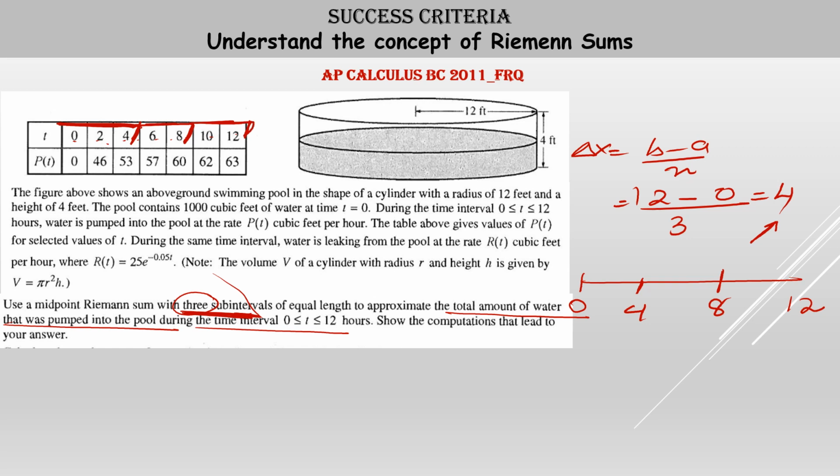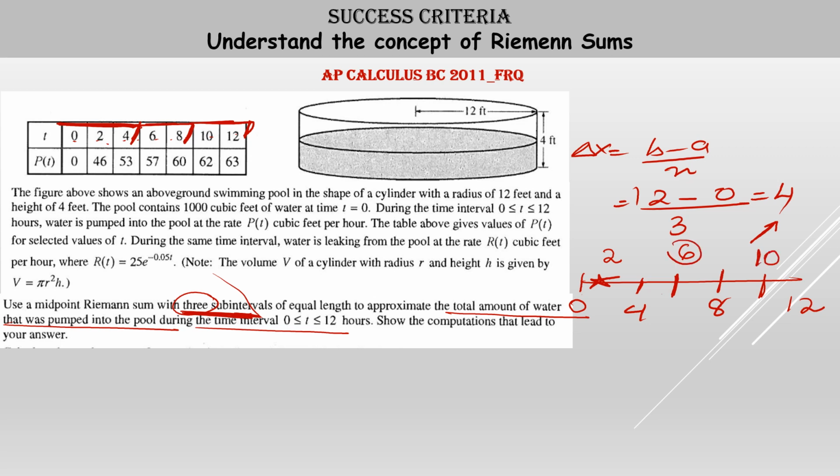Now the midpoint of 0 to 4 is 4 plus 0 divided by 2, which gives you 2. Between 4 and 8, you will have 6. Between 8 and 12, you will have 10.